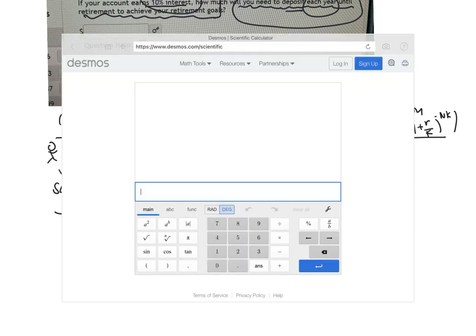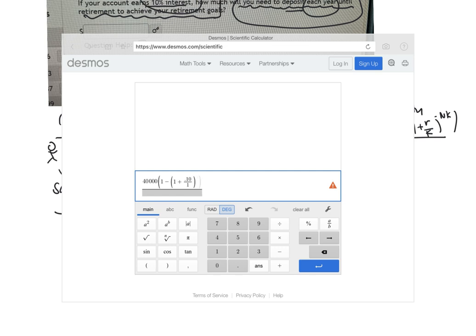For our Desmos calculator, we're going to enter that information. It's really one big fraction, so I'm going to start by pushing the A over B button. The amount of money I want to withdraw is 40,000. Then we have 1 minus parentheses 1 plus 0.10 over 1. I'm going to arrow over to close that off, and then put an exponent on that by pushing the A to the power B button.